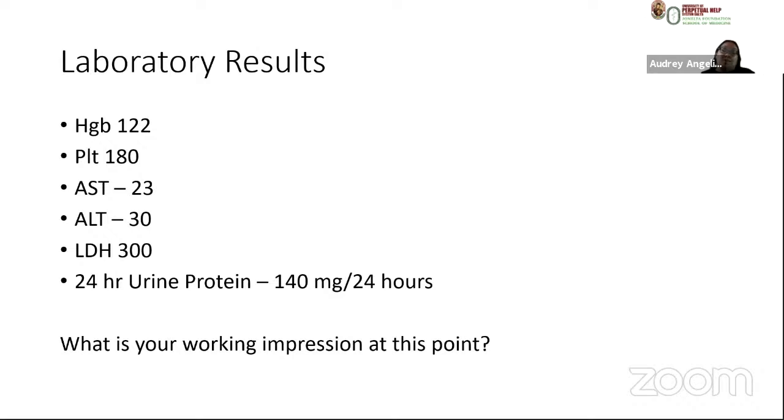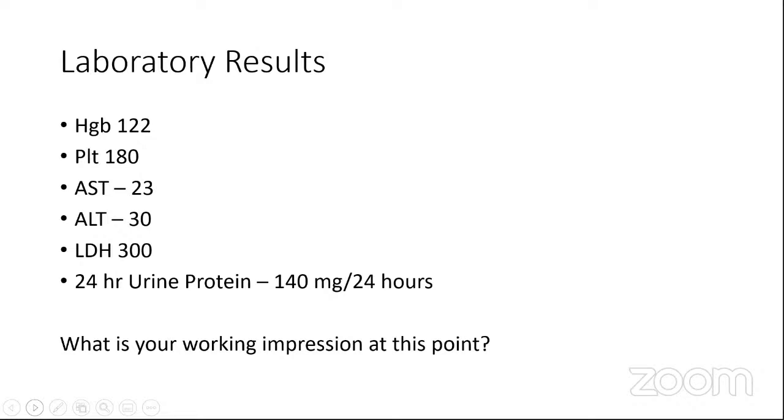Okay. Would you know the two criteria used? Did you encounter them in your readings as far as HELLP syndrome is concerned? So you have your Mississippi and you have your Tennessee criteria.